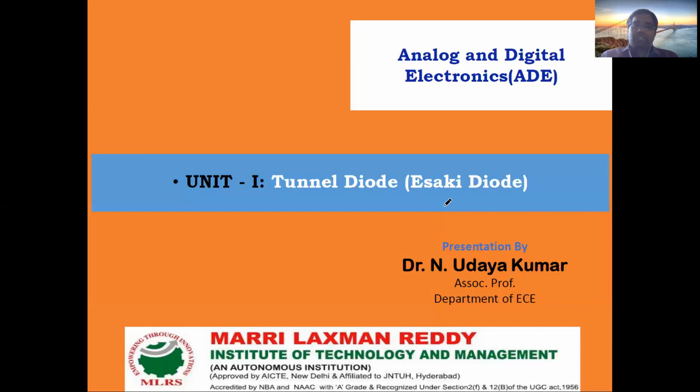Among heavily doped diodes there are many: Zener diode, varactor diode, tunnel diode. These diodes are the same, but the concentration or doping levels are different. Based on doping levels, the diode characteristics differ. Today we will see the tunnel diode in detail.